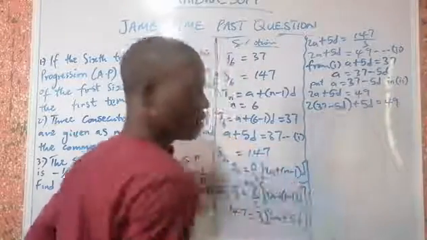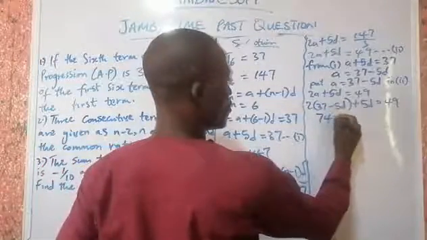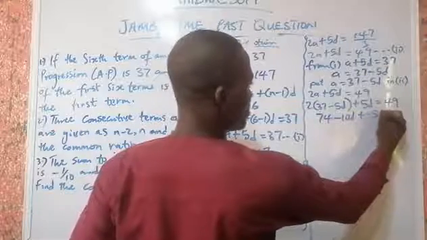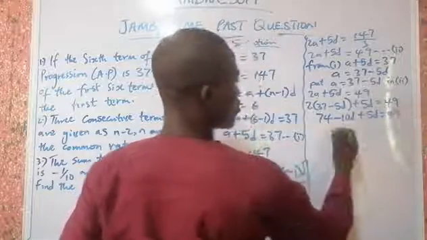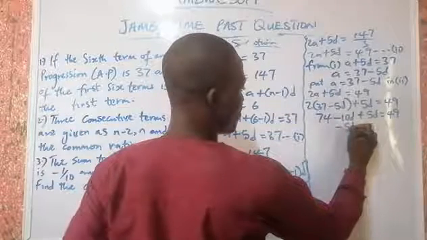So 2 times 37 is 74, minus 10d plus 5d equals 49. Minus 10d plus 5d gives minus 5d.